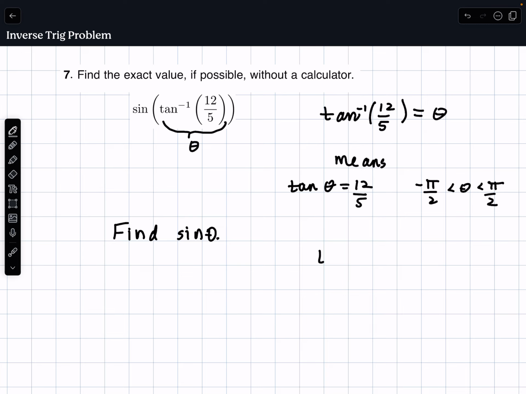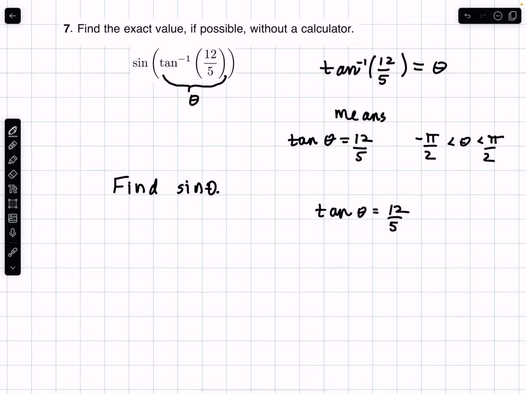Here's the method I'm using. I'm going to say tangent theta is 12/5. I know that because theta is between negative pi over 2 and pi over 2, and tangent theta is equal to a positive number, theta has to be an acute angle.